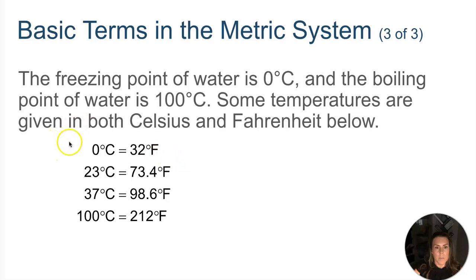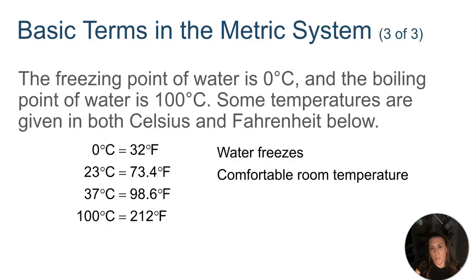Here are some common conversions from Celsius into what we commonly use in the United States, which is Fahrenheit. 0 degrees Celsius is 32 degrees Fahrenheit, which is when water freezes. 23 degrees Celsius is about 73 degrees Fahrenheit, about the comfortable temperature in a room. 37 degrees Celsius is equal to 98.6 degrees Fahrenheit, which is the average body temperature.